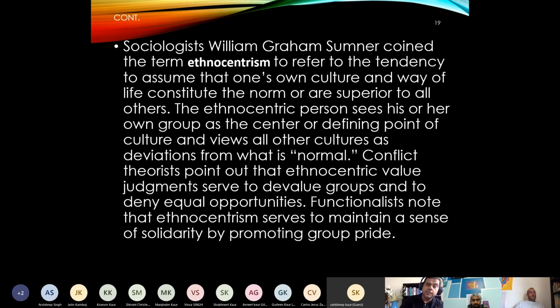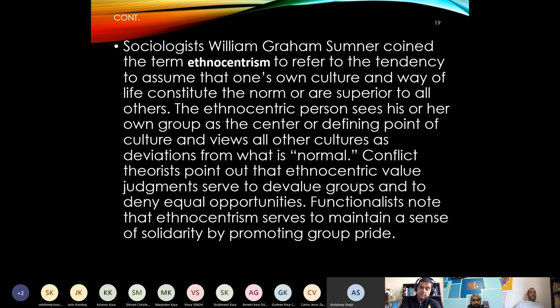Arshdeep, can you read to us, please, the definition of ethnocentrism starting from the second line? Yes, Professor, beginning from the tendency. The term ethnocentrism refers to the tendency to assume that one's own culture and way of life constitute the norm, or are superior to all others.